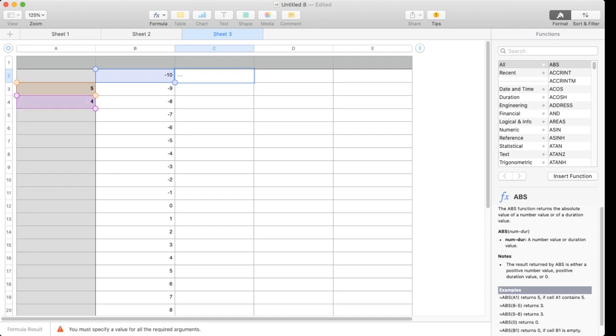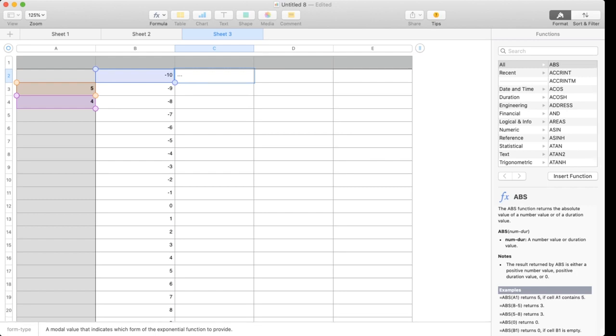The form type is important because it tells whether I want a probability density function or the cumulative form. Let's say I want the probability density function, which basically means I'll get the height.